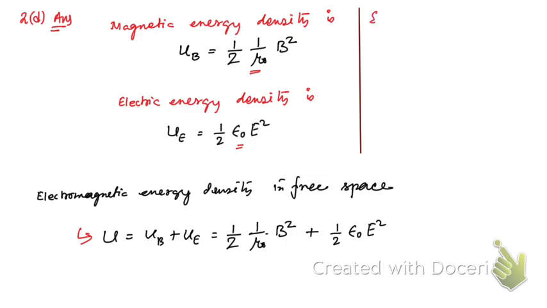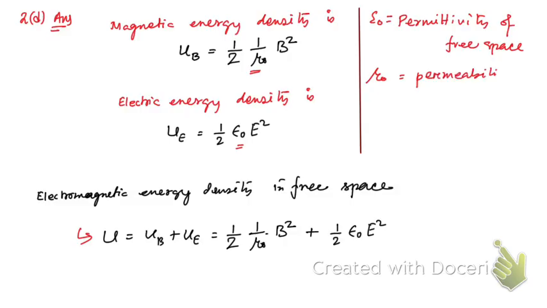So this epsilon naught is the permittivity of free space, and mu naught is the permeability of free space.